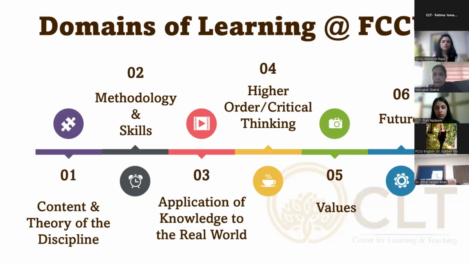Your program should offer some theory, moving on to methodology, then the practical application of skills, and then teaching students how to reflect on their performance, or higher order thinking skills, talking about value education, and making the courses useful for students to apply in practical life or in their next stages of academic life. So this is the entire scope of the program learning outcomes.